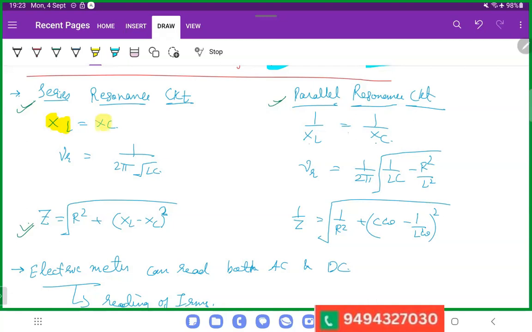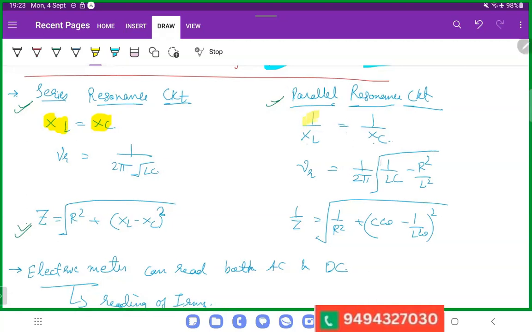Here XL equals XC in series resonance. Whenever they are connected in parallel, it becomes 1 by XL equals 1 by XC. So this is the parallel resonance circuit, and here is the series resonance circuit.